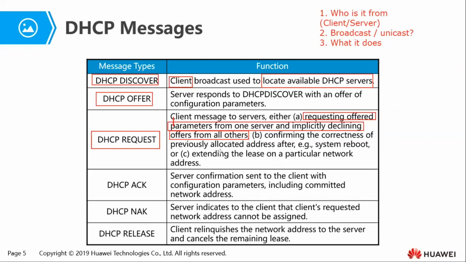Let's look at the second instance. You can also send a request as a client when you're confirming the correctness of a previously allocated address. For example, when you restart your laptop or end device, it will send out a DHCP request to confirm whether the parameters it was assigned are still valid.